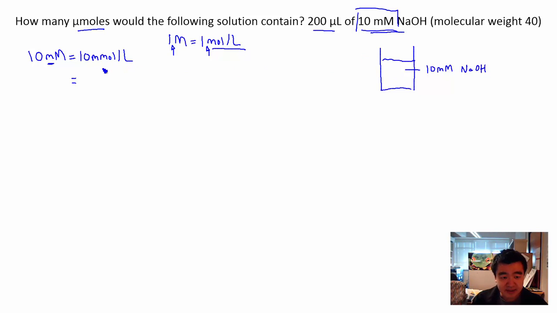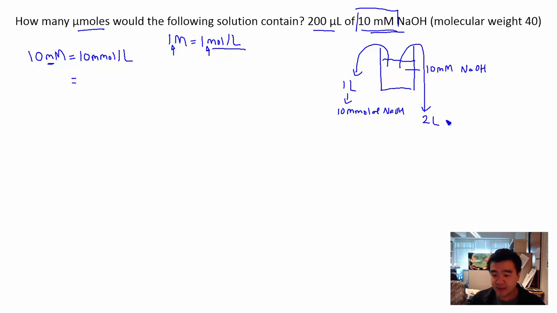Now this means, if we come back here to our drawing, that if we take out 1 liter of our solution, in this 1 liter we'll be swimming around 10 millimoles of NaOH. It also follows that if we take out 2 liters, in this 2 liters there will be 20 millimoles of NaOH.